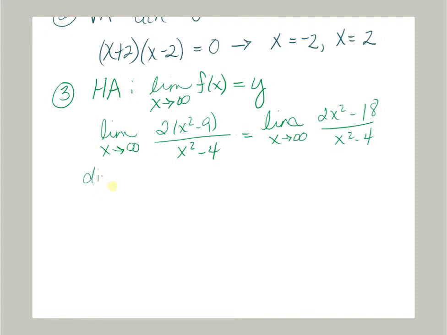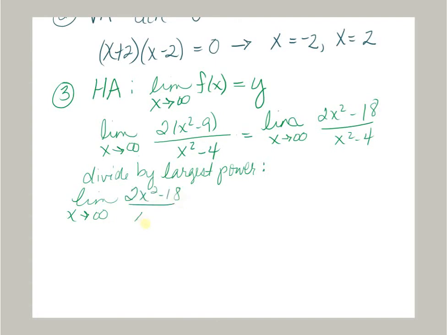Let's divide by the largest power. And that looks like this. I carry my limit notation constantly, because I'm still talking about limits, and I don't want to forget that. I take away the power by doing this.